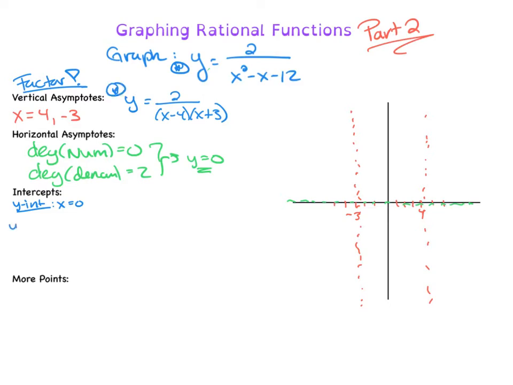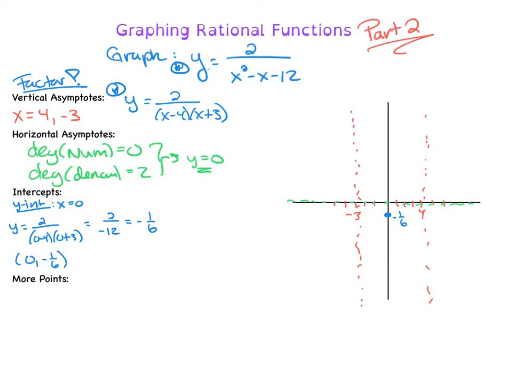If we plug in x equals 0 into the factored form, we get y equals 2 over (0 minus 4)(0 plus 3), or 2 over negative 12, which is negative 1/6. So we have the ordered pair x is 0, y is negative 1/6. Let's plot that. x is 0, right on the y-axis. y is negative 1/6. I'm going to exaggerate just a little bit, just so we can see it.